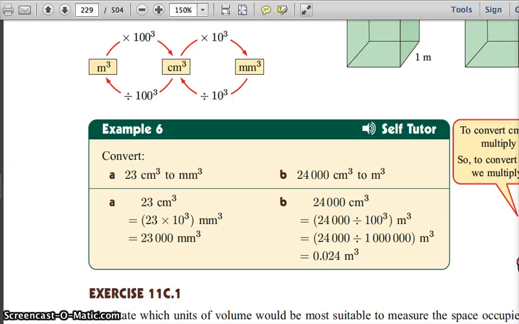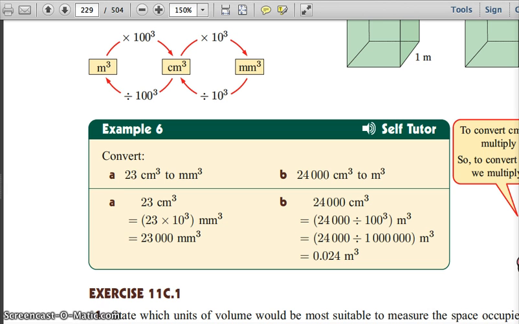Okay, for blue and green, if you can just maintain your focus here, please. I just want to go through what is relatively simple, but it's a really easy mistake to make come test. And this is around converting your volume units, cubic millimetres to centimetres, cubic centimetres to cubic metres, etc. Please pay attention.